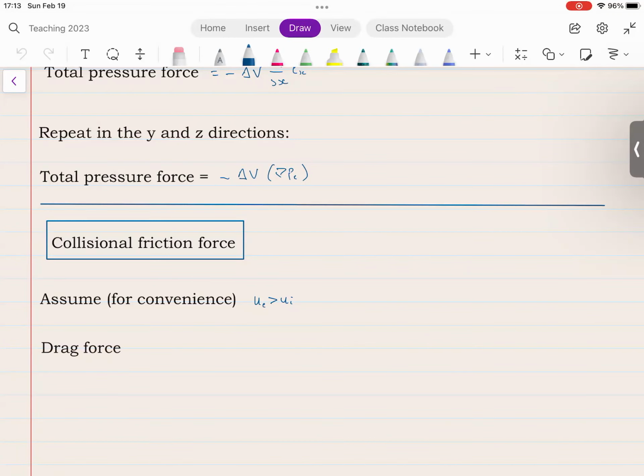I promise it will be easier. I was thinking I would just state the result, but then I asked myself, should I actually do any derivation? The answer is no. We'll just take it on faith.